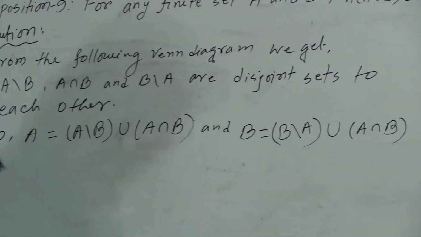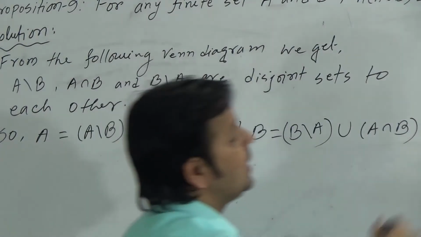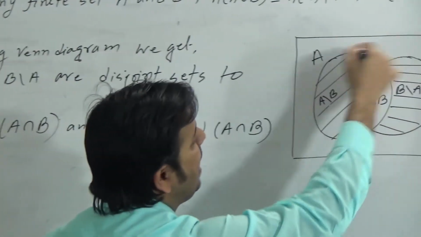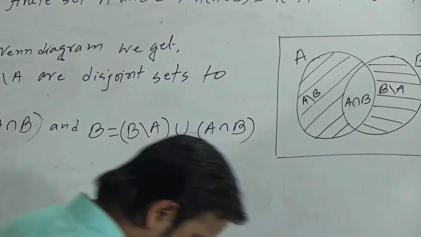Now what will be the set A union B, the union of A and B?